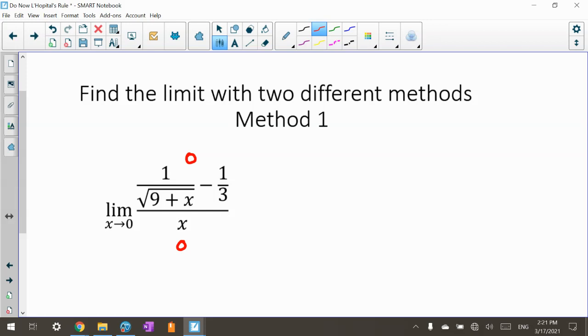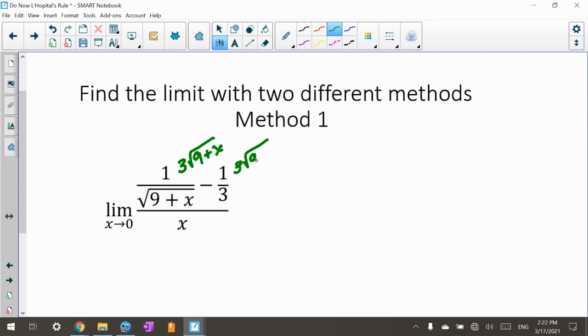So now I'm going to use some algebraic rules to see if we can get it into a spot to find the limit. The first thing I'm going to do is, I have a complex fraction here, so I'm going to multiply all these terms by the common denominator, which is 3 radical 9 plus x.